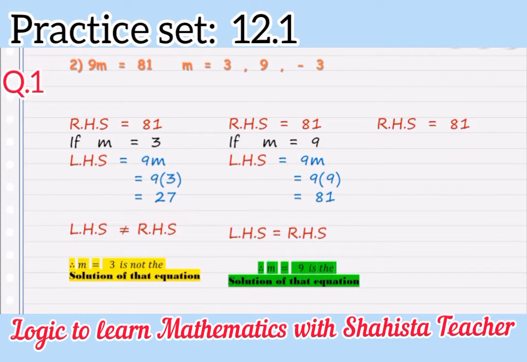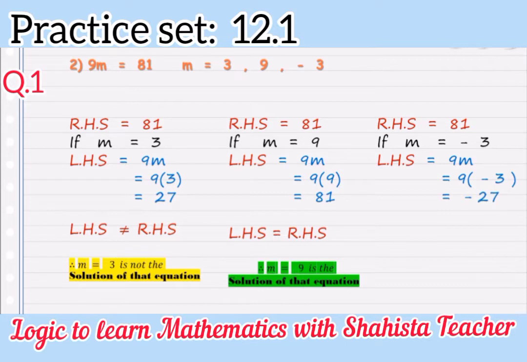Now the last condition, RHS is equal to 81 if m is equal to minus 3. Let's check whether it is equal or not. LHS is equal to 9m. In the place of m we will put minus 3. So make a bracket, 9 bracket minus 3. 9 3s are 27, give it the negative sign, so minus 27.